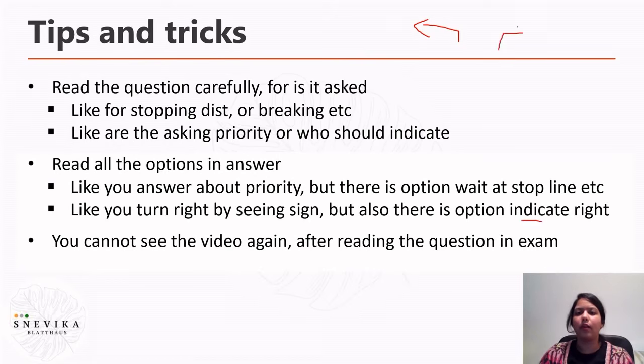If it is something like right, you have to indicate right. Tick whatever is applicable. So when you are seeing the video, please concentrate the first time itself. Also see if there are any cyclists or motorbikes in your side mirror or in your rear mirror on the top, and be prepared to answer all the questions regarding this video.